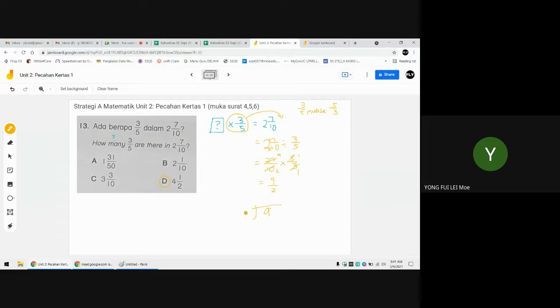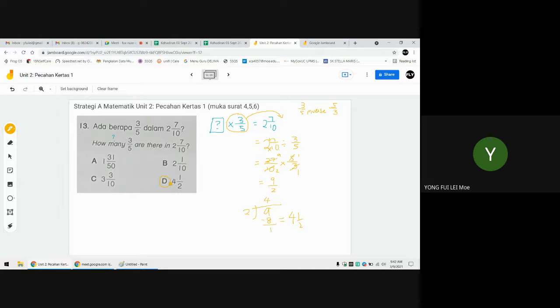9 over 2 is 9 divided by 2. 2 times 4, 8. So 9 minus 8 is 1. So your answer is 4, 1 over 2. So you can use your logic sometimes. When you get your answer, you can look at the options.